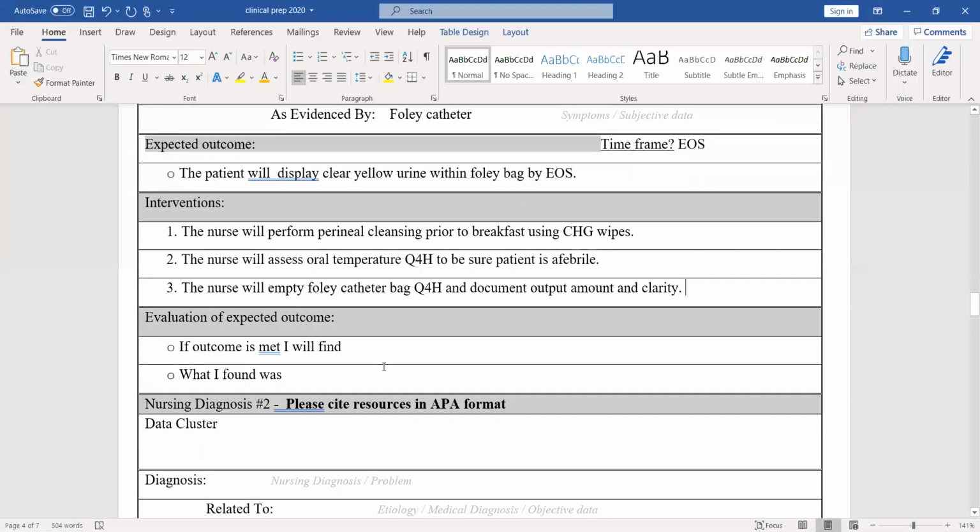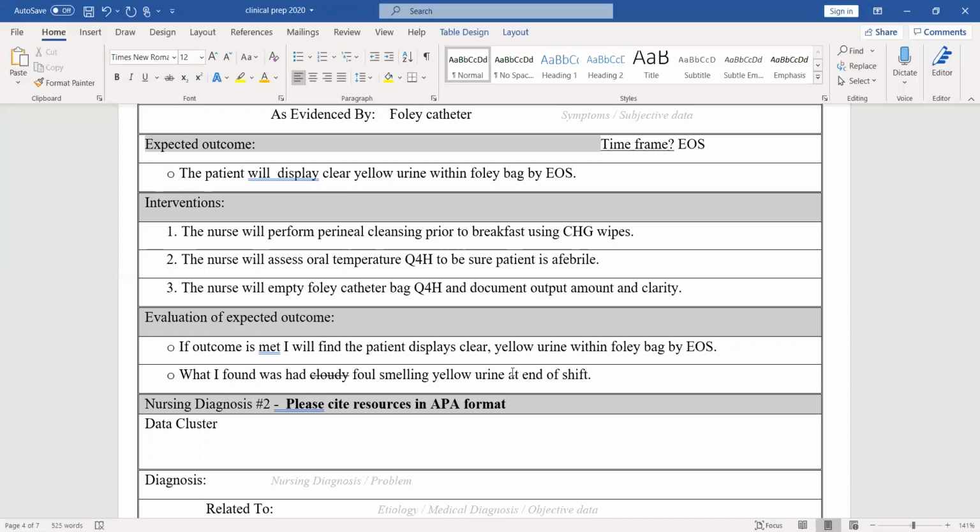So if the outcome is met, I will find the patient displays clear yellow urine within Foley bag by end of shift. And what I found was the patient had cloudy yellow urine, or maybe foul smelling yellow urine at end of shift.